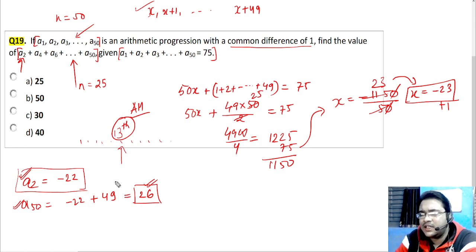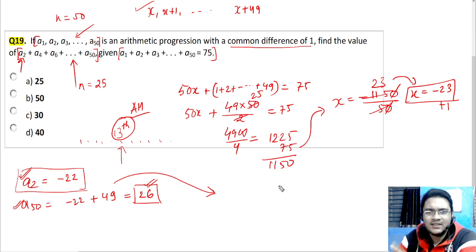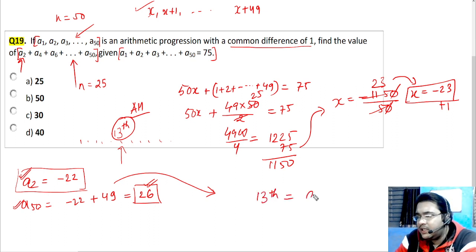I just need to calculate the arithmetic mean of the sequence, which is actually very easy. The 13th term is the arithmetic mean, and the 13th term will be a plus 12d, as we have been studying in our classes. a is given as minus 22. Please pay careful attention to the sign of the terms. Plus 12 into d, is it going to be 1 or 2?